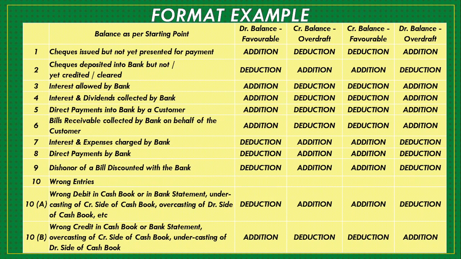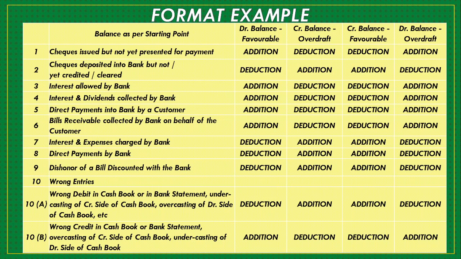Format example. This is a format example for the bank reconciliation statement. There are some columns here: balances as per starting point, debit balance favorable, credit balance overdraft, credit balance favorable, debit balance overdraft. The first is the checks issued but not yet presented for payment.